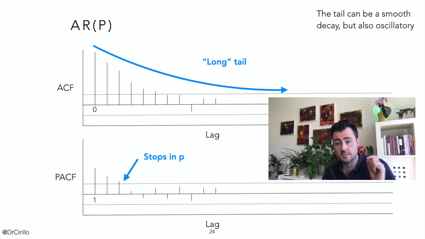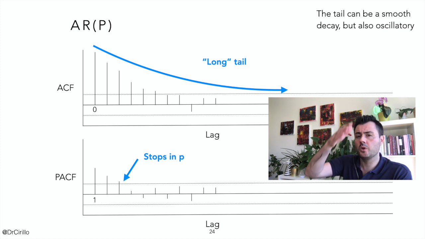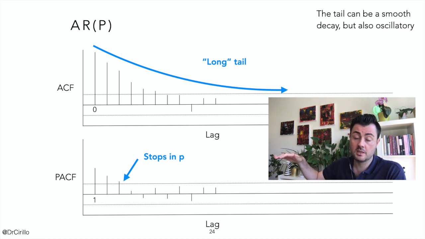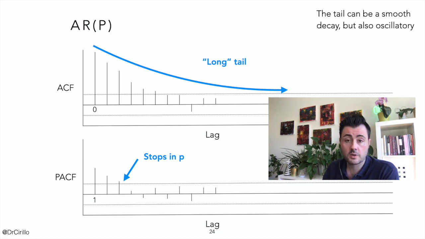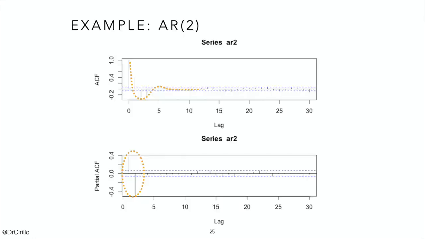When we say exponential decay, remember that we speak in terms of absolute correlation. An exponential decay means that you have a long memory in the ACF, but this long memory can be composed of positive and negative lags in terms of autocorrelation. On your screen, you see the example for an autoregressive process of order 2.